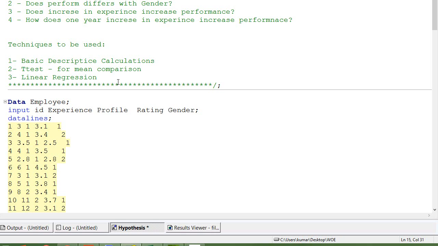Remember that HR analytics is fairly new, so we do not have any standard techniques specifically used for HR analytics. So usually we use simple techniques like simple linear regression, multiple linear regression, logistic regression, factor analysis, clustering, and hypothesis testing to do HR analytics.